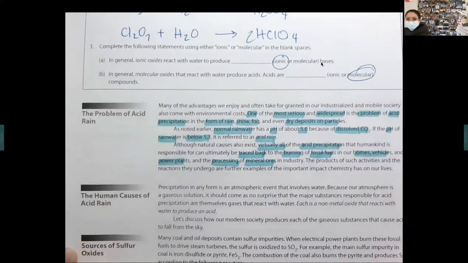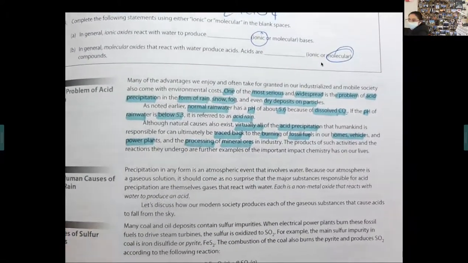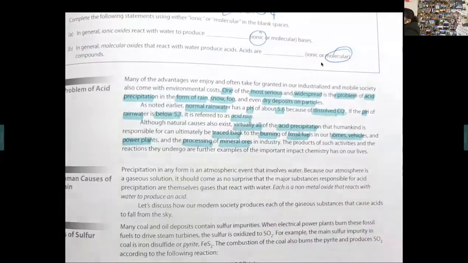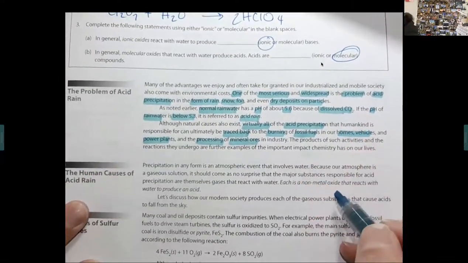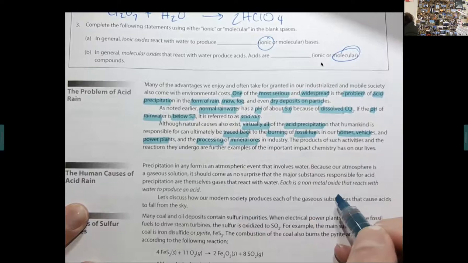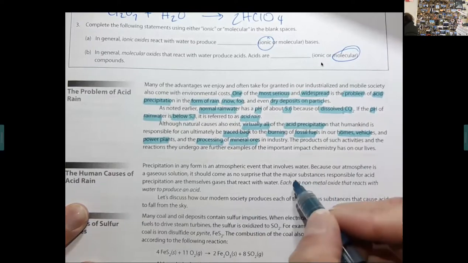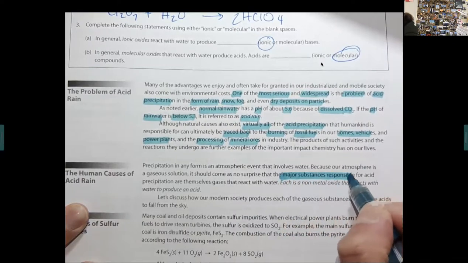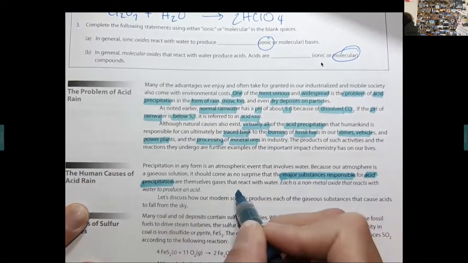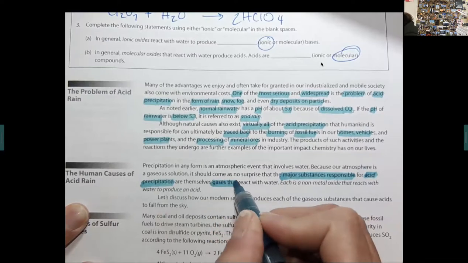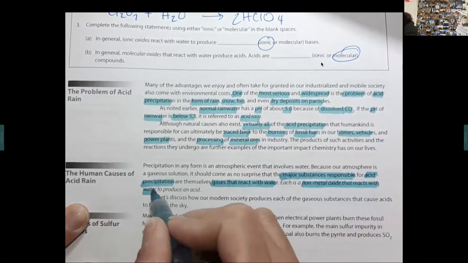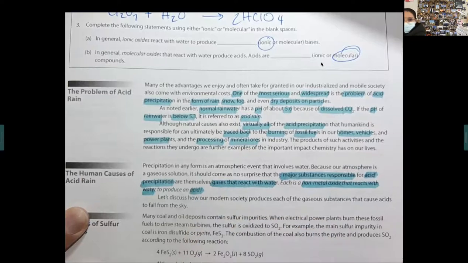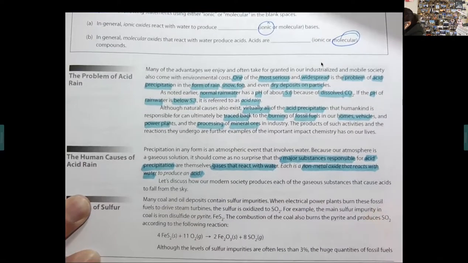Now, the human causes of acid rain. Those major substances that are responsible for acid rain are gases that react with water. So the nonmetal oxide that reacts with water to produce acid is our main component that we're looking at.